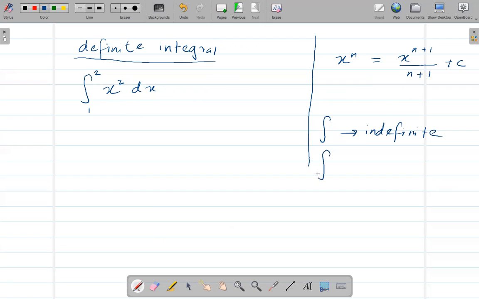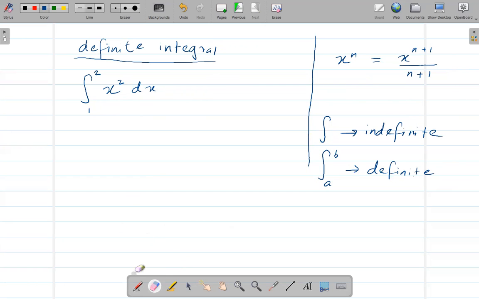Where we have the interval mentioned, this is called a definite integral because we have the integral defined. But since we are dealing with the definite integral, we don't need this c.